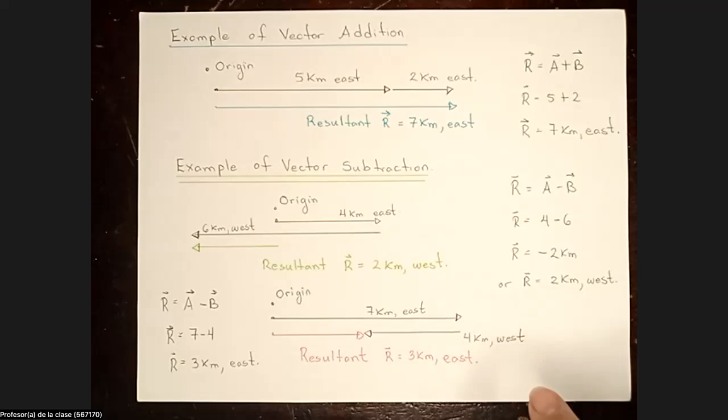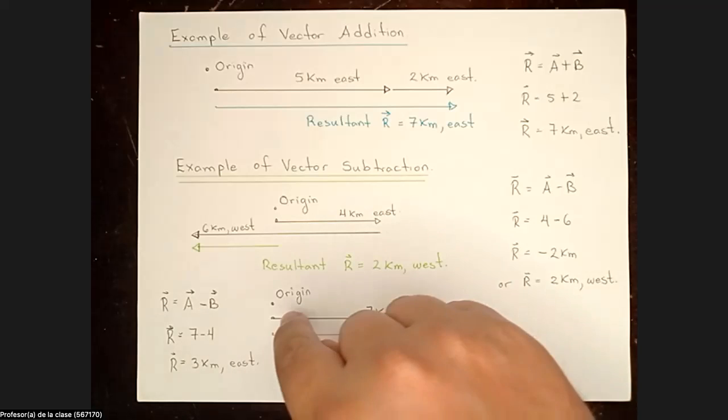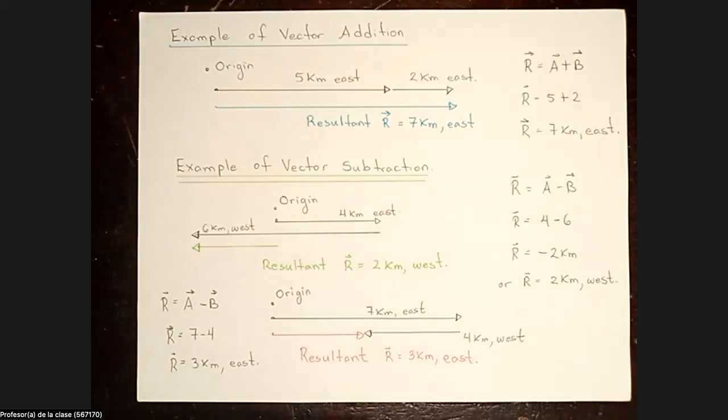Look at this example. Origin. I walk 7 kilometers to the east, but I turn back 4 kilometers to the west. 7 minus 4 will be 3, a positive 3.